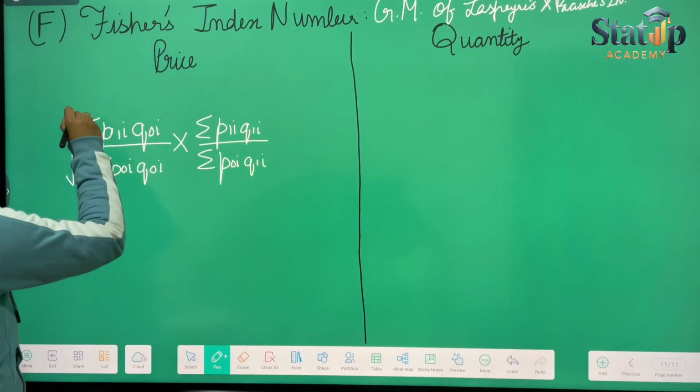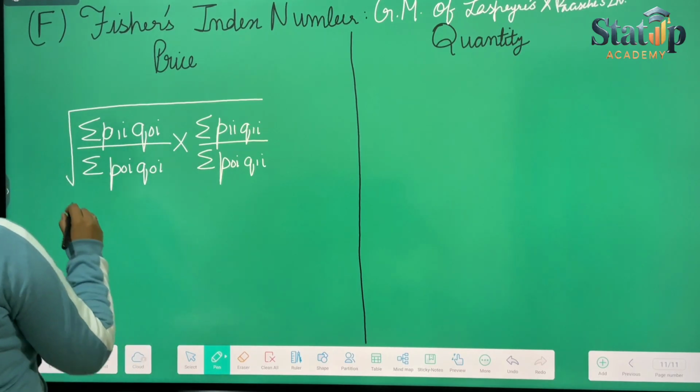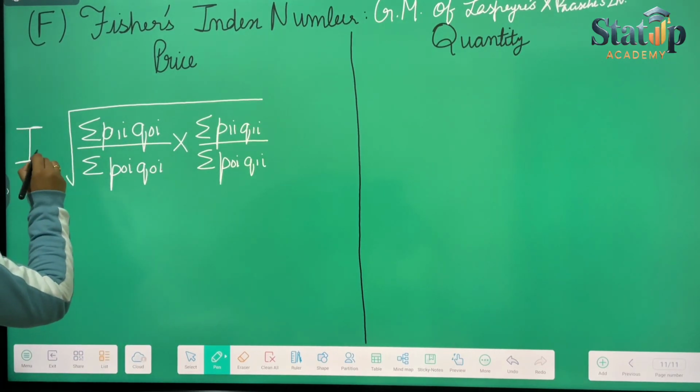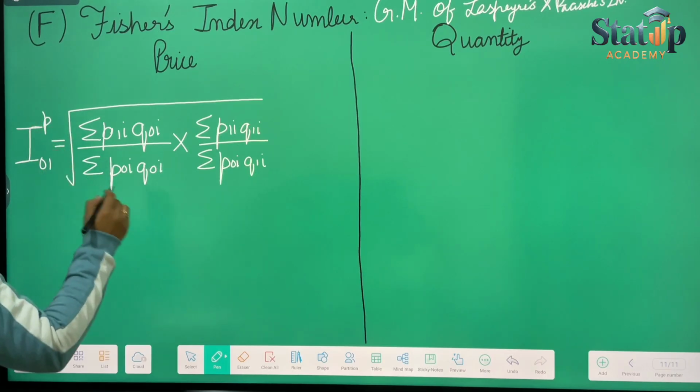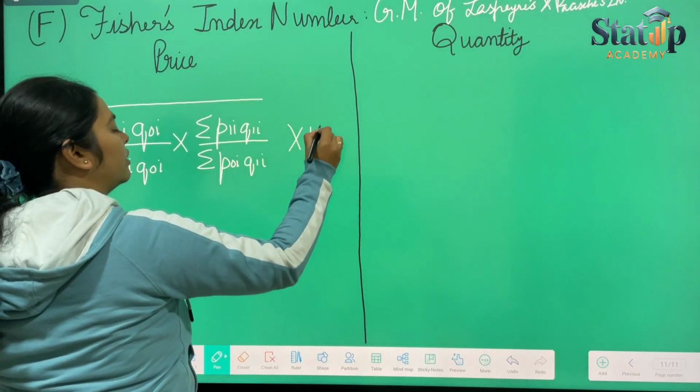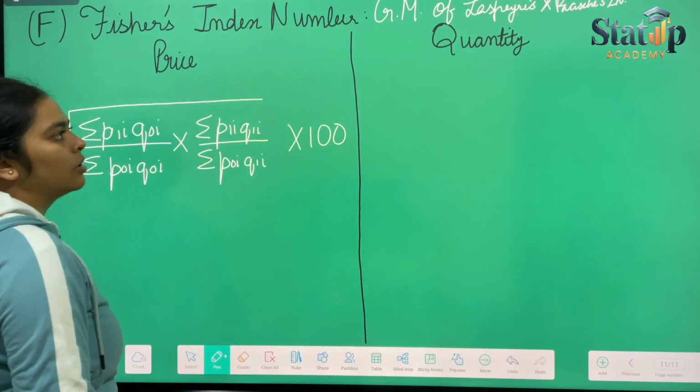So the geometric mean of this is Fisher's price index number, and we'll multiply it by 100 for our easier calculations.